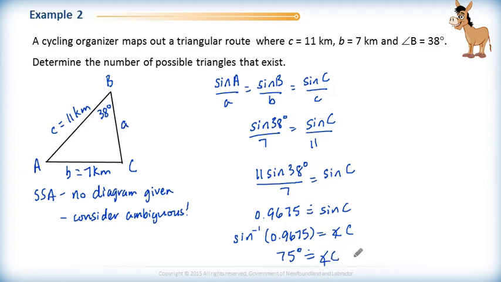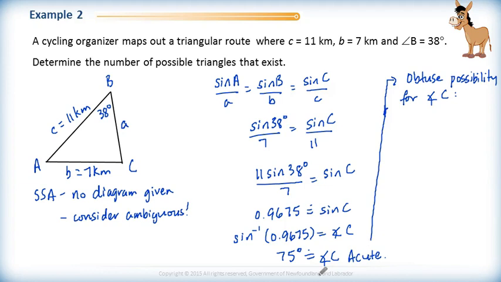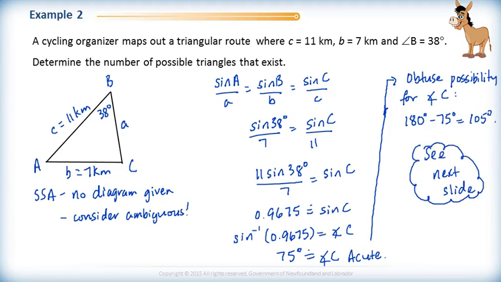But that's an acute case. So we have to consider the obtuse case. So remember, an angle and its supplement always have the same value for sine. So our other possibility for angle C is 180 minus the 75 degrees, which works out to be 105 degrees. So we'll finish up on the next slide.